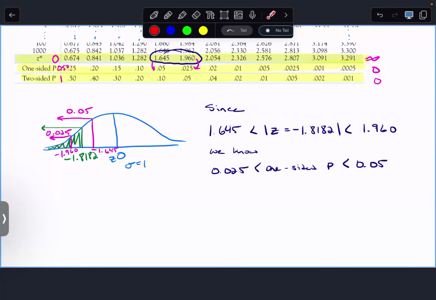To read them properly, you have to read them from right to left. Or draw them out like this and it'll be obvious. You would list them from 0.025 and 0.05. Okay. Good.